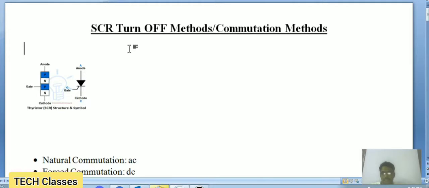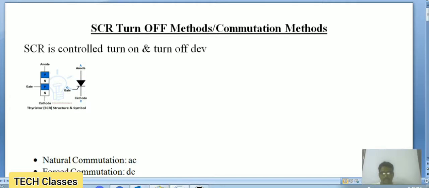Because SCR is basically which type of device? It is a controlled turn-on and uncontrolled turn-off device. So SCR is a controlled turn-on and uncontrolled turn-off device.